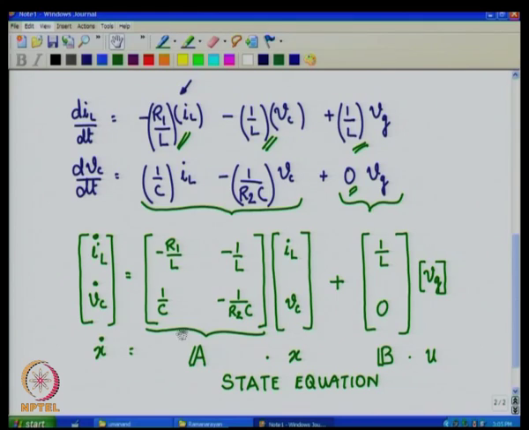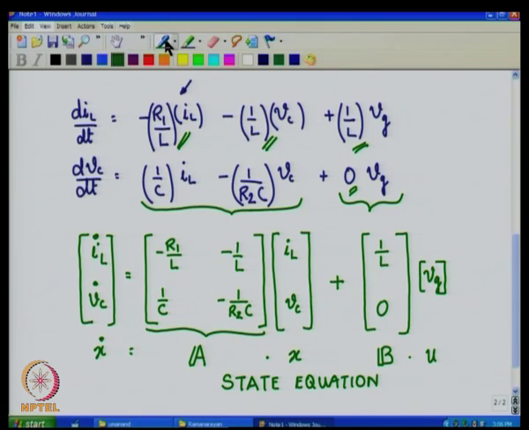This matrix gives the property of the circuit in terms of its component values, and the state vector IL and Vc are nothing but the energy variables, as I have already stated, plus the input scaling matrix and the input itself. Now, this state equation as a whole would give you the dynamic relation between the various variables, signals and inputs for the specific system.